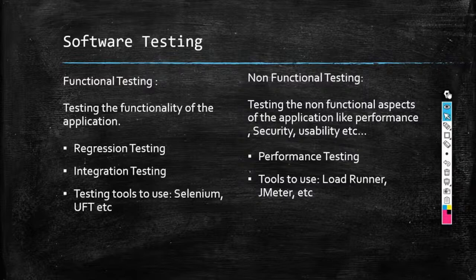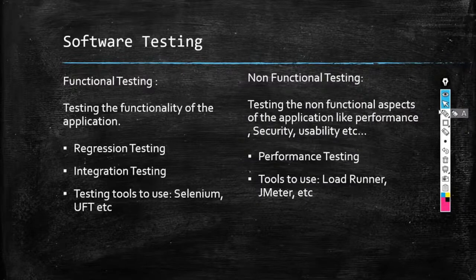You launch the application, enter a valid username and password, and then you log in. In that way, you are checking whether the login is working fine or not. At the same time, you might also check with invalid credentials, to see how it responds. The core point is testing the functionality.